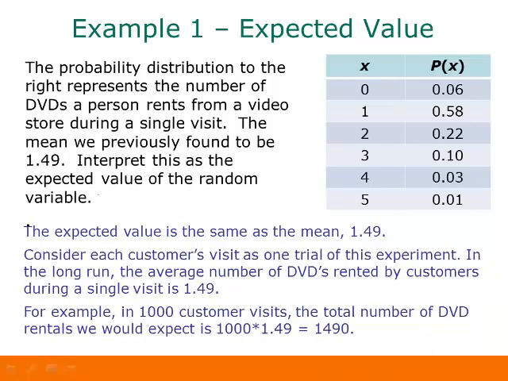In other words, again, the average number of DVDs rented by a customer during a single visit is 1.49. So if we take that average times the total number of customer visits, we get an estimate of the total number of DVD rentals we would expect in those 1,000 visits.